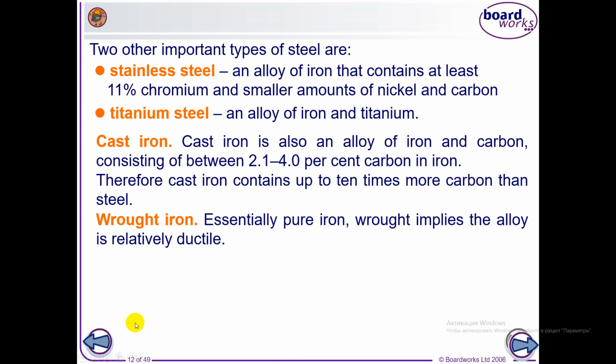The next is wrought iron, essentially pure iron. Wrought implies the alloy is relatively ductile.